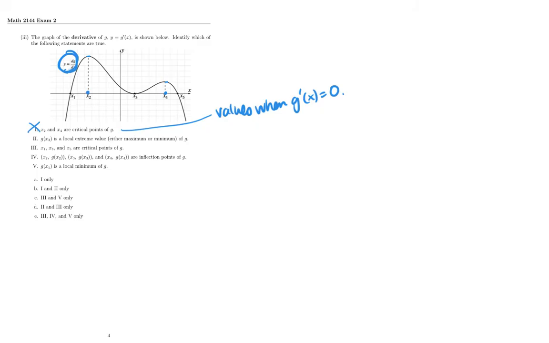Next one, G of x3 is a local extreme value of G. Okay, so I can look at x3, and if I make a G prime line, I can see that when G prime equals 0, that's going to be at x1 and at x3 and at x5.